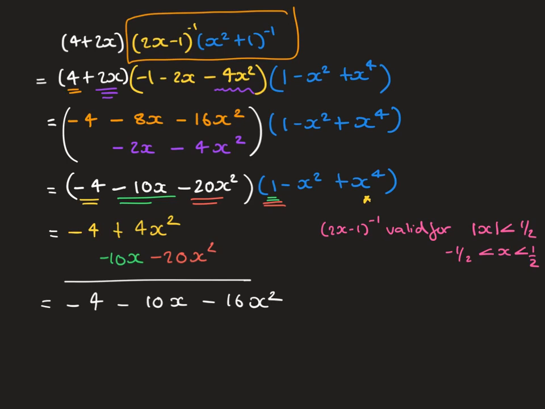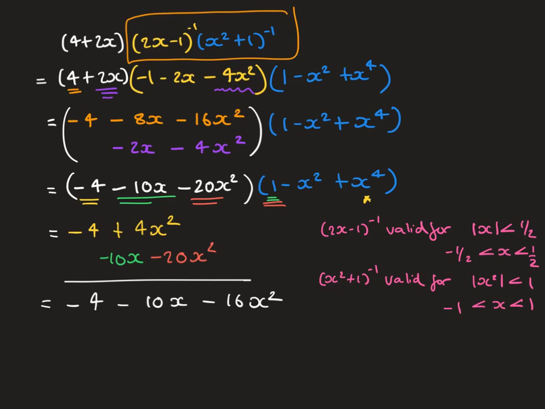And then the one next to it, which is x squared plus 1 to the negative 1, well, this is valid for mod x squared less than 1, which means that x has got to be between 1 and negative 1 if you want the magnitude of x squared to be less than 1.